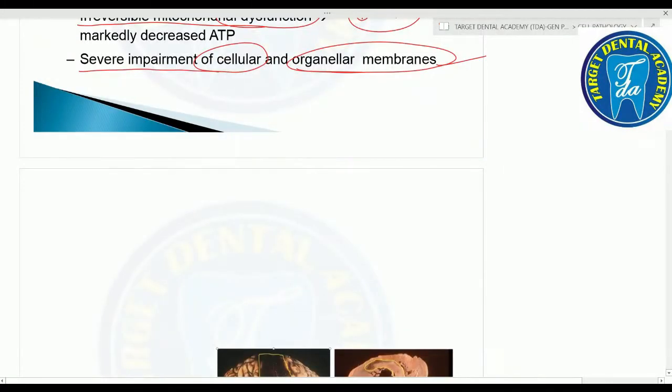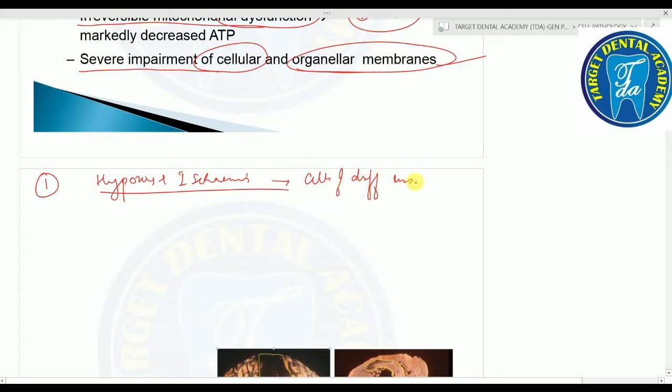Now first is the hypoxia and ischemia. So in this, as you know, the cells of the different tissues essentially require oxygen to generate energy and perform the metabolic functions.